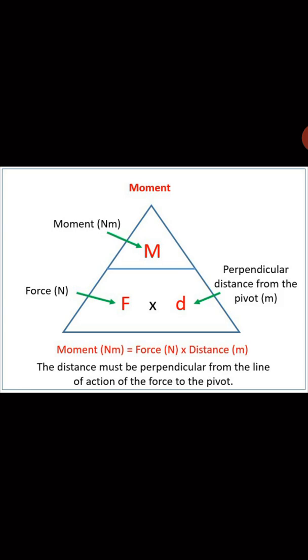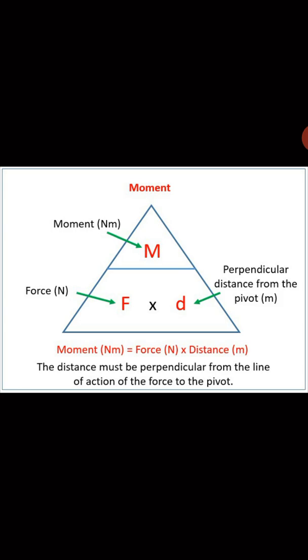Using this triangle formula, if moment and perpendicular distance are given, then to find the formula for force, you hide force. If you keep a hand on force, you will see moment divided by perpendicular distance. So force is equal to moment divided by perpendicular distance.